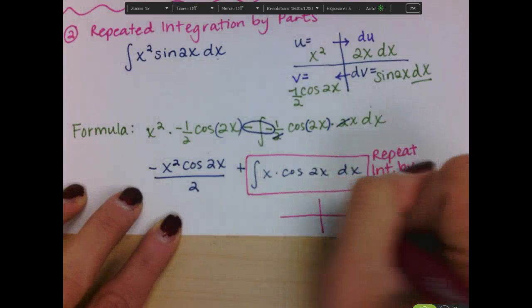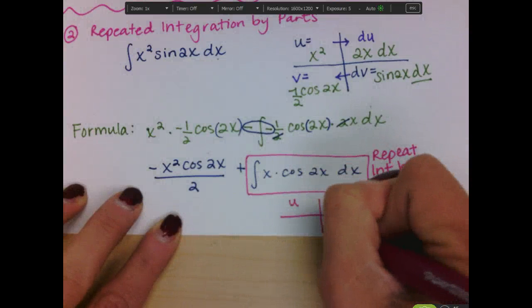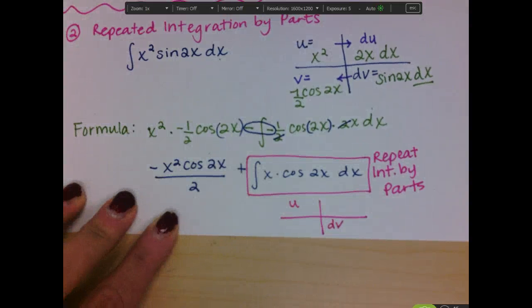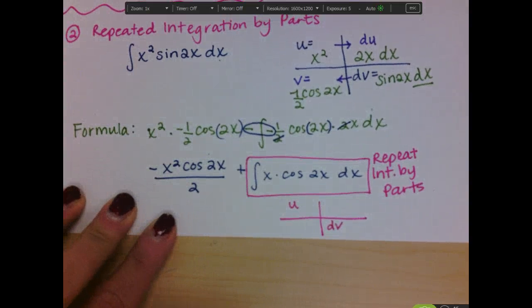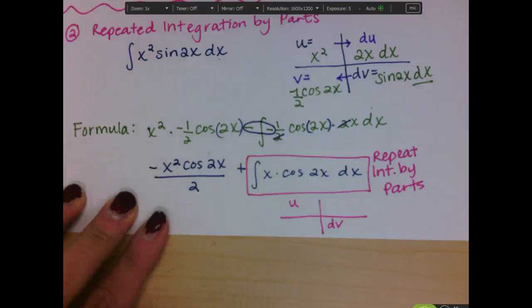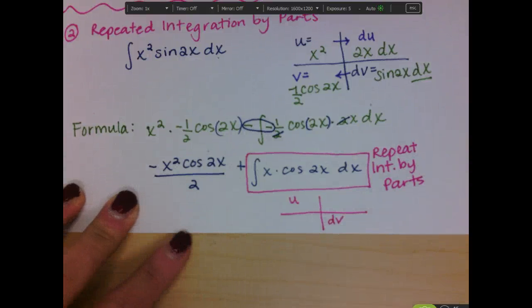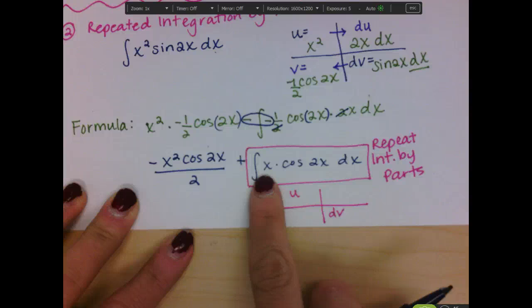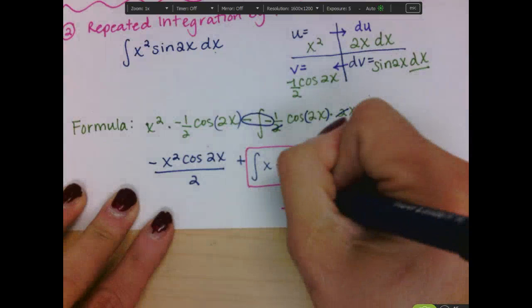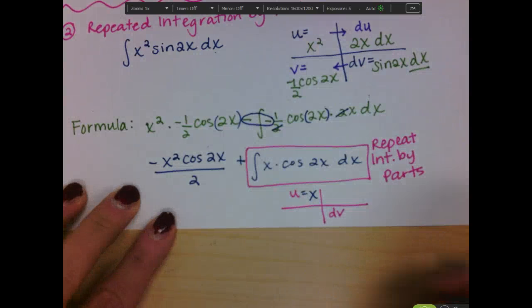Once again, I need to figure out what's u and what's dv, and then I need to utilize each of those to find the other parts. I don't know if this should be u or if this should be u. I'm just going to guess, and hopefully it works.